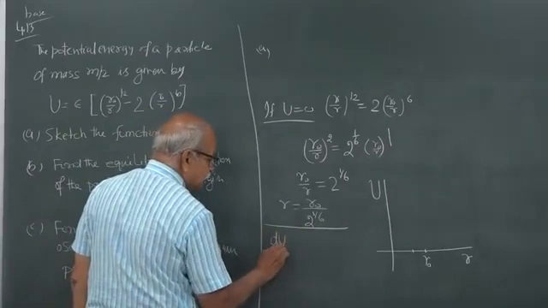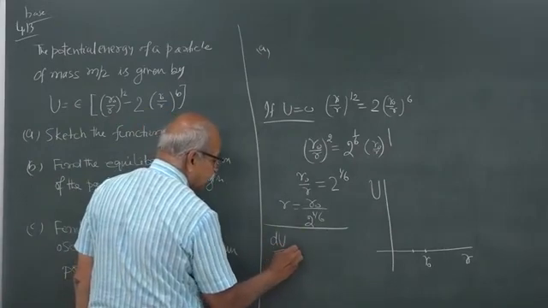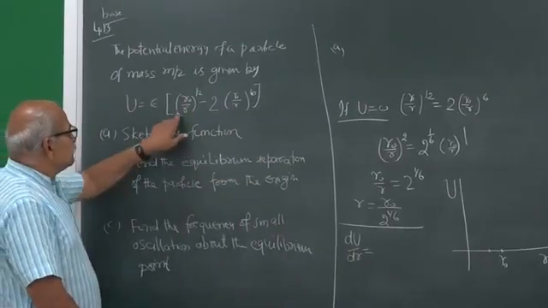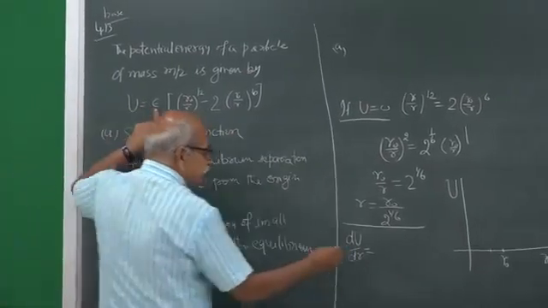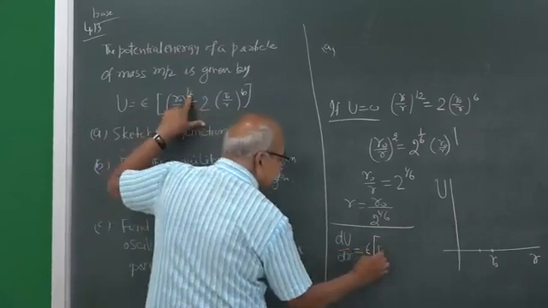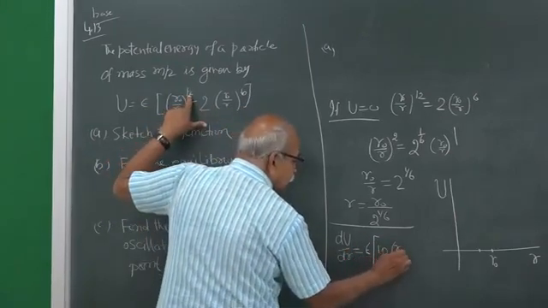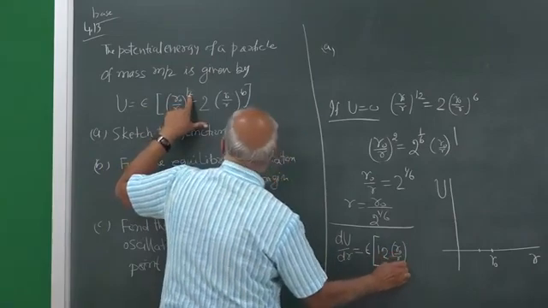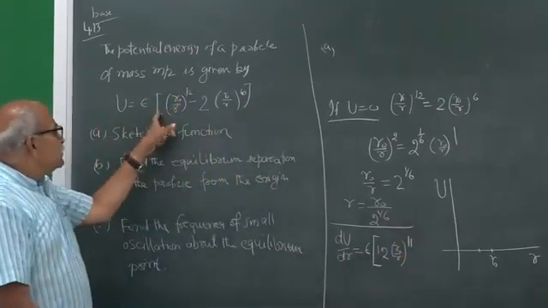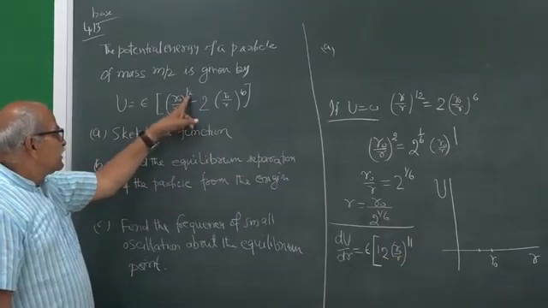So, let us look for du dr. If you differentiate, it will be epsilon times 12 times (r naught by r)^11.